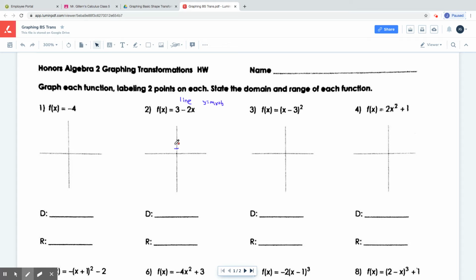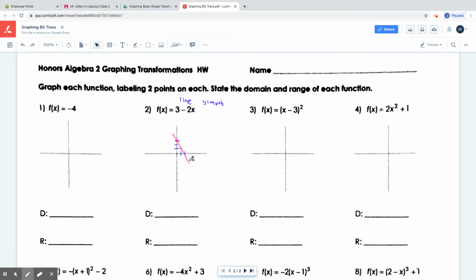So we graph our y-intercept, which is at 3 on the y-axis. We then do slope, and what I want is 2 points. You have 2 options. -2 means down, it's -2 over 1, so down 2 to the right 1, or you could go up 2 to the left 1.